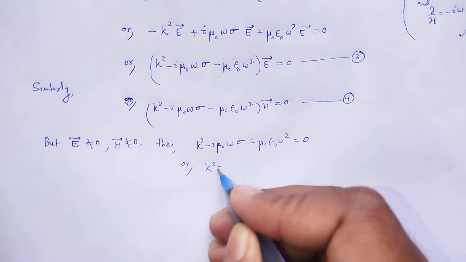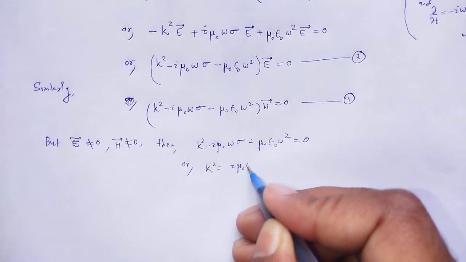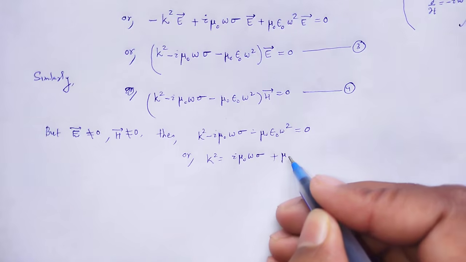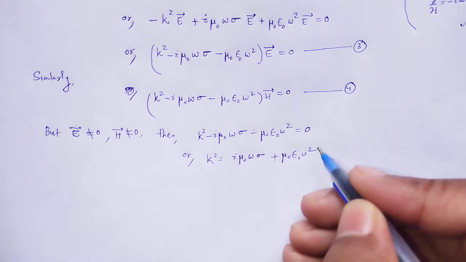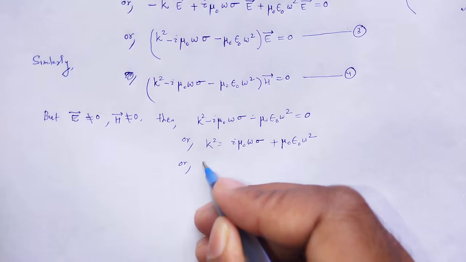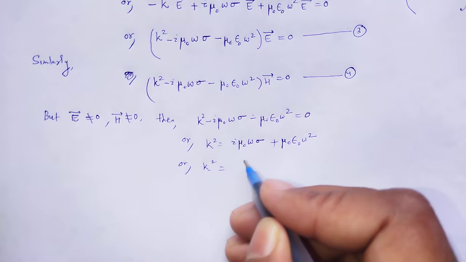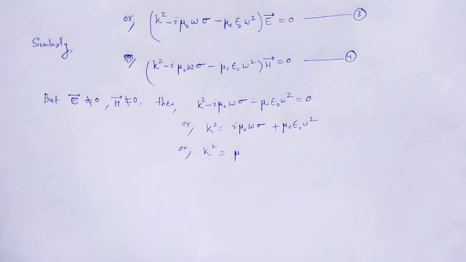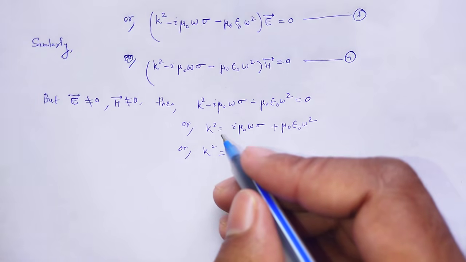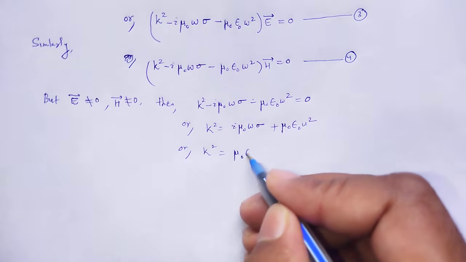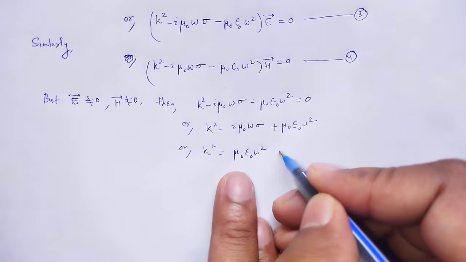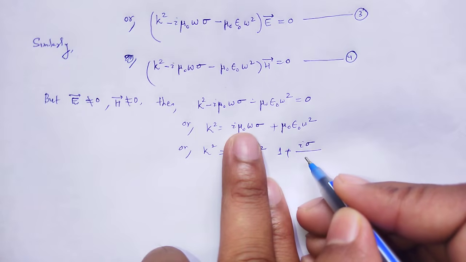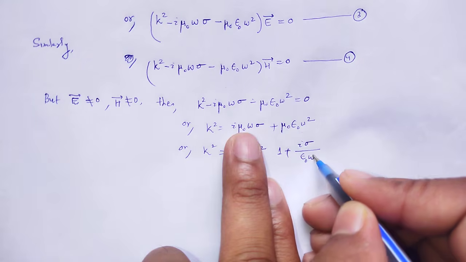Therefore, k square is equal to i mu naught omega sigma plus mu naught epsilon naught omega square, or k square, taking common mu naught epsilon naught omega square, that term as 1 plus this one as i sigma divided by epsilon naught omega.